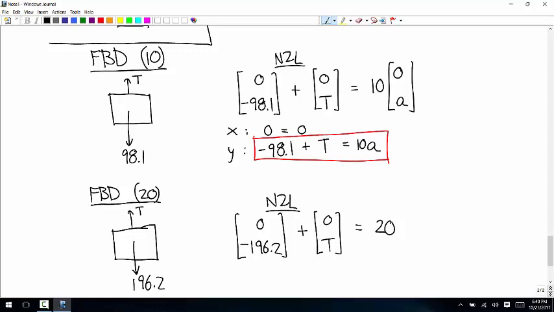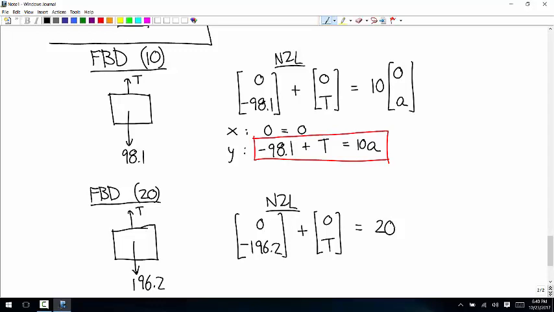Well, if this one has an acceleration, I think the way to do it is to always think A is positive. So if this one has a positive value of 1, it has an acceleration up of 1.